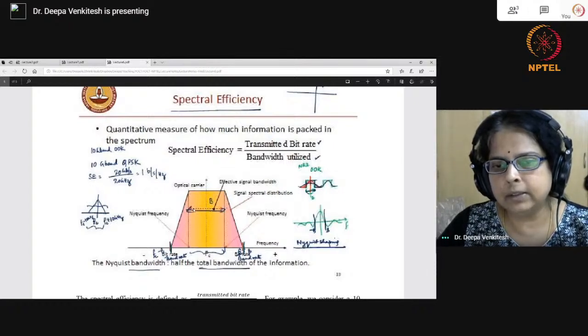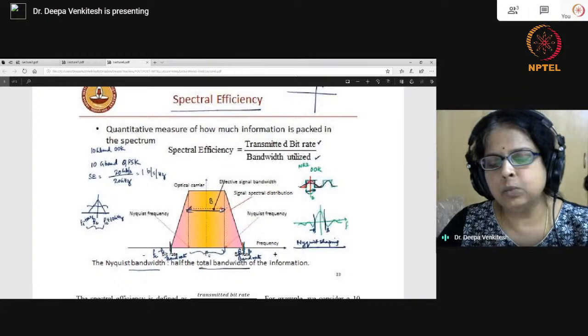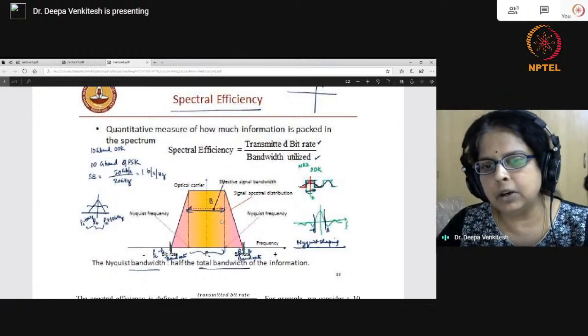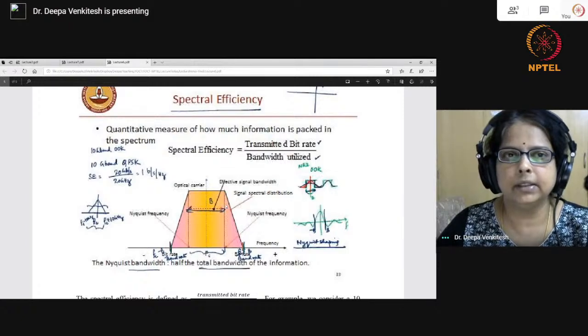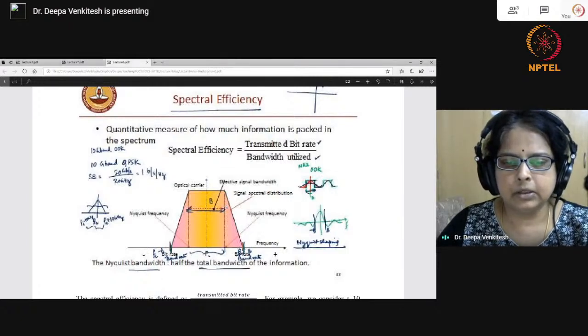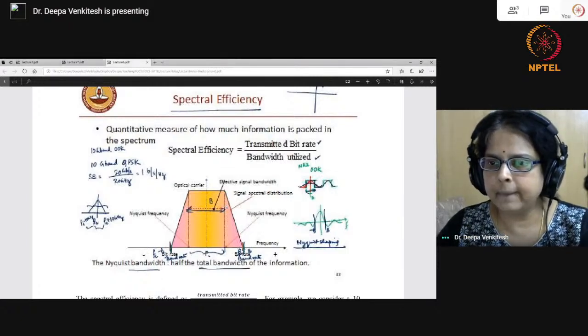Now, this one-sided bandwidth comes because when it is unmodulated, right? So when you're modulated on the carrier, it is actually always two-sided bandwidth. So I hope that answers the question.